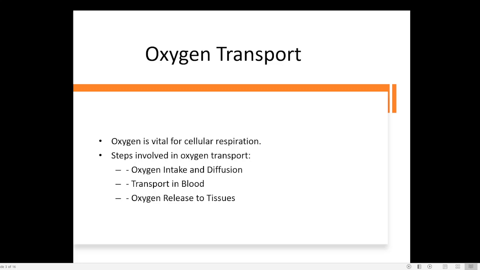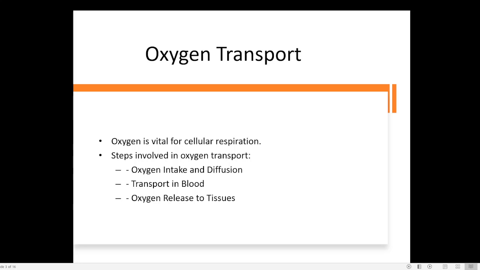Then transport of gases: when the oxygen reaches the blood in the lungs, that oxygen is carried by blood to various parts of the body. For that there is a system, and finally when the blood reaches the cells or the tissues of your body, this oxygen carried by the blood will be released into the cells.